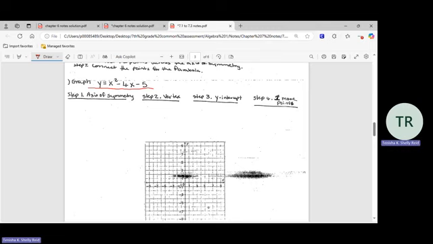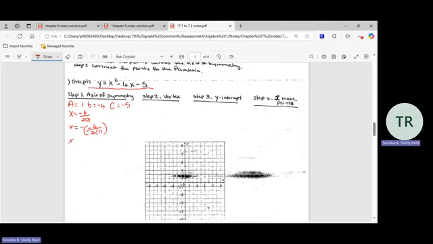So the axis of symmetry: the a term is 1, the b term is negative 4, and again, the c term is negative 5. The axis of symmetry is x equals negative b over 2a. And then we just substitute. So x is equal to negative negative 4 over 2 times 1.